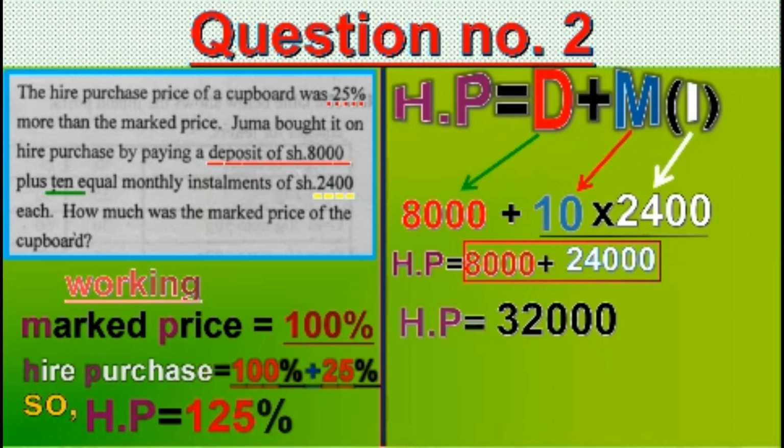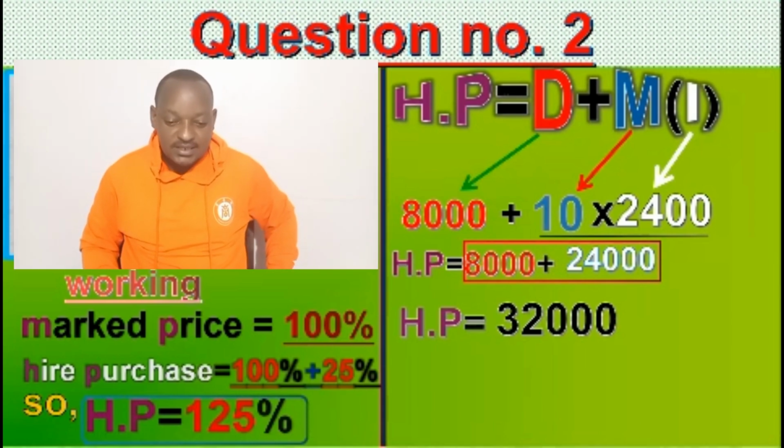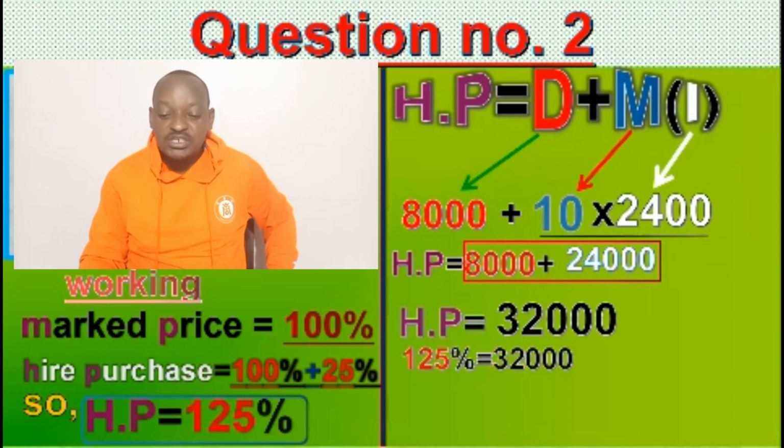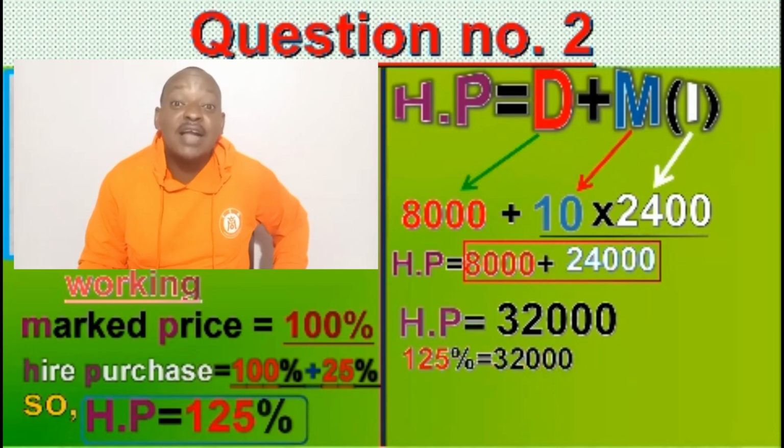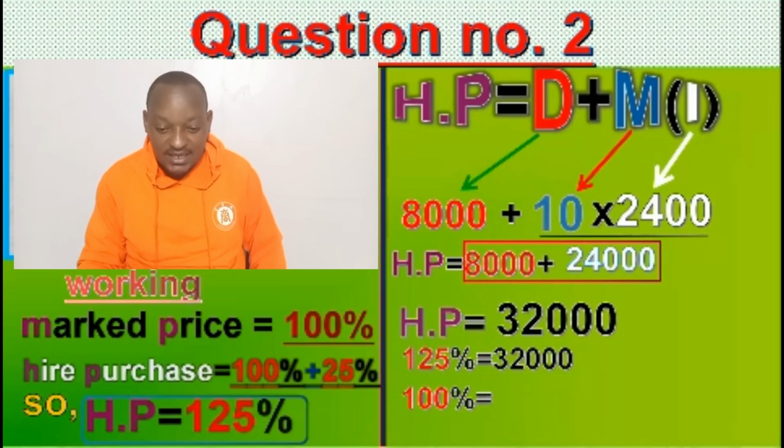Now, let's go back to the question. How much was the marked price? Here we are looking for marked price. So you have been told that hire purchase price is equal to 32,000, and we calculated earlier that hire purchase price was 125%. So we can replace it with 125%. So you say 125% equals 32,000, and therefore 100%, which was the cash price.